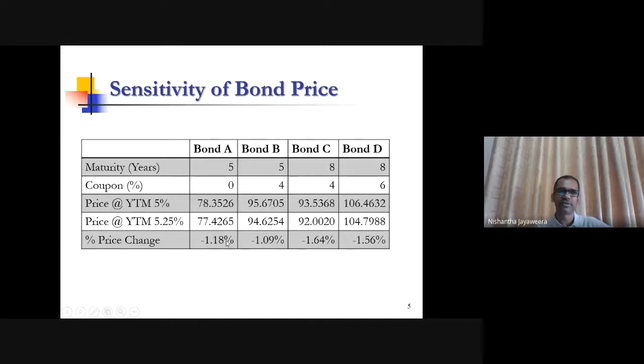For a given change in interest rate, price will change by a larger amount in a zero coupon bond than in a coupon bond. You can try with even 1% coupon. The price change would be less than 1.1. So that's one observation. Then if we compare bonds B and C, what's the difference?